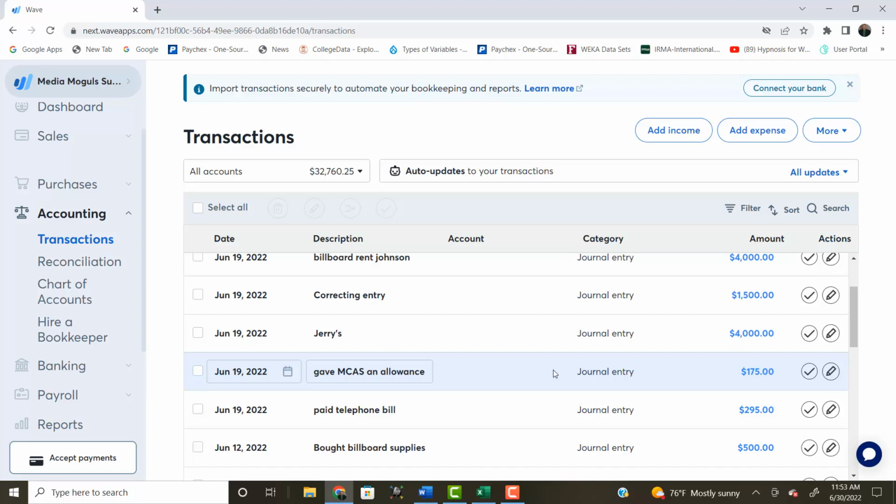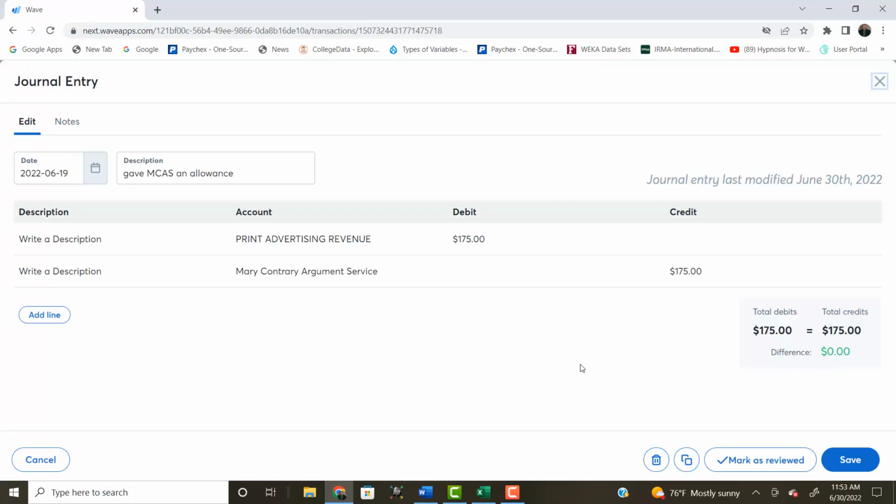And the allowance needs to be 10%. Okay? So let's see how we would handle that. Print advertising revenue, because we actually have less of it. Now, in the real world, before some budding accountant out there says something, that would actually go to sales returns and allowances.